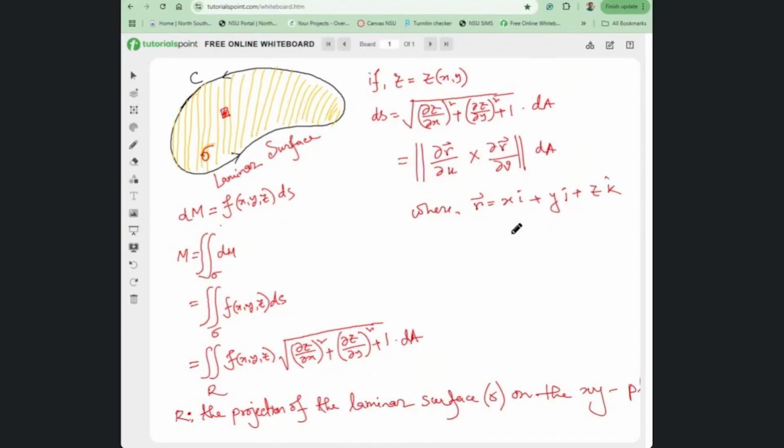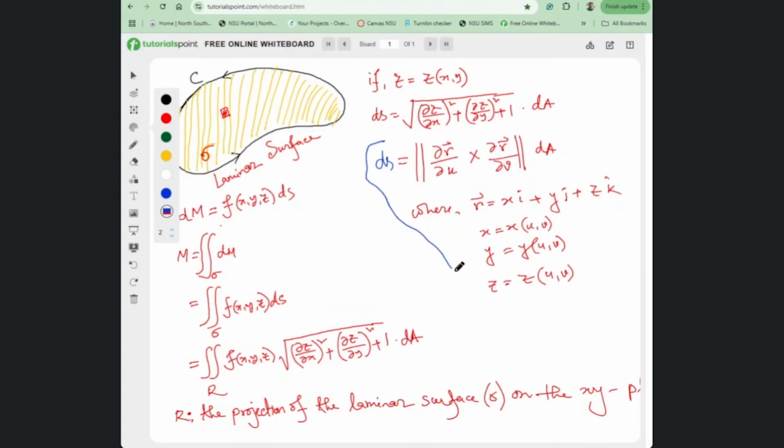Here x is a function of u, v, y is also a function of u, v, a parametric representation, and z is also a function of u, v. So this is another form of writing ds.